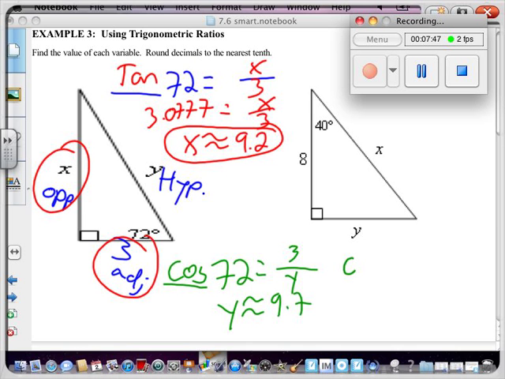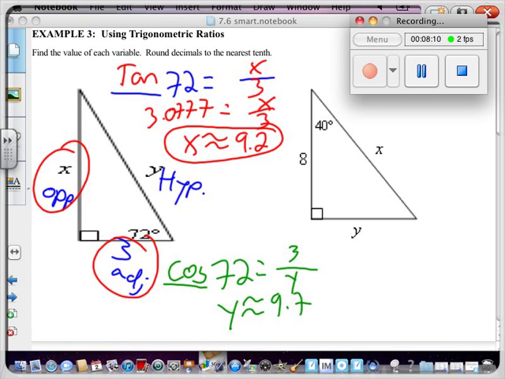And I got cosine of 72y equals 3. And then I divided by cosine 72. So I can skip all this stuff by going straight to there.